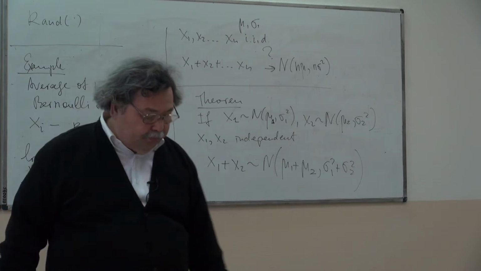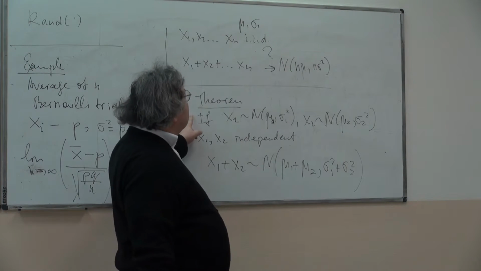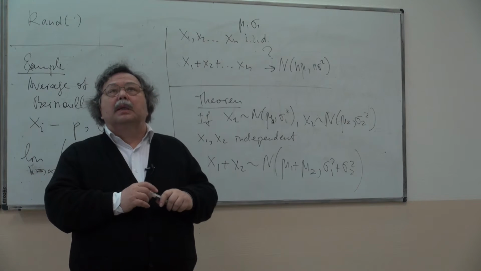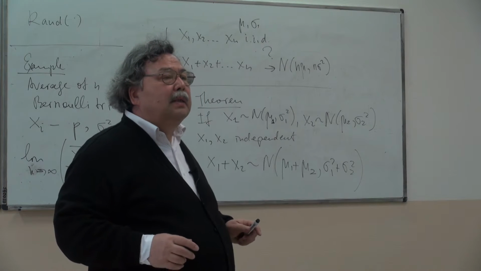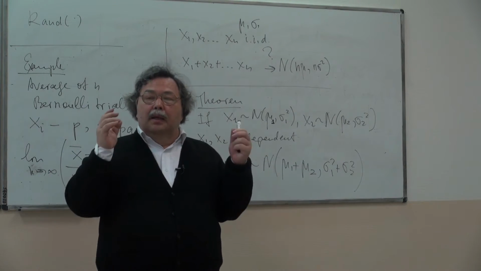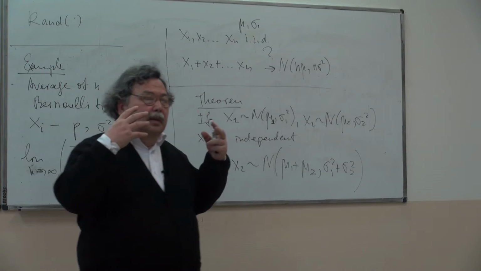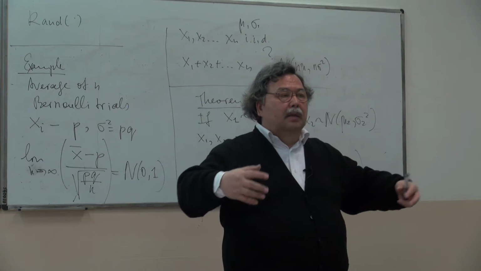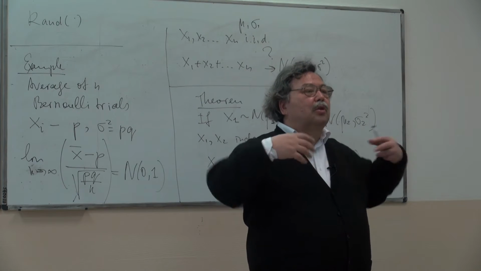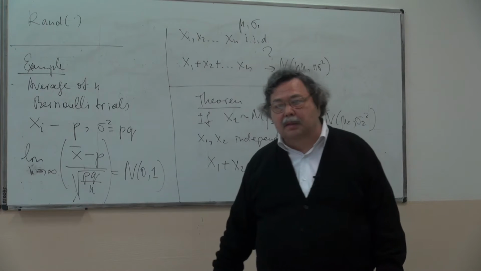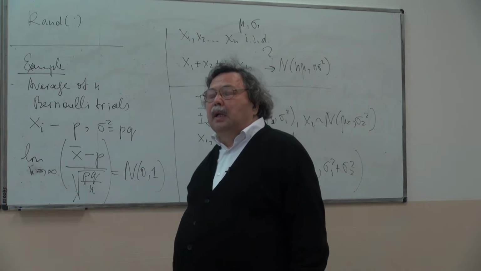Now, actually, this theorem and this fact here are not disconnected. They are connected in some profound way. Again, a normal random variable can be produced by, so to say, the joint action of a great number of independent random variables.